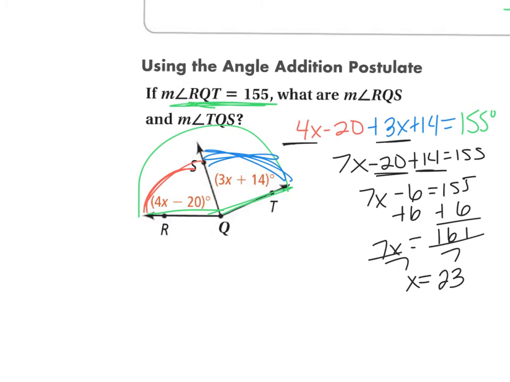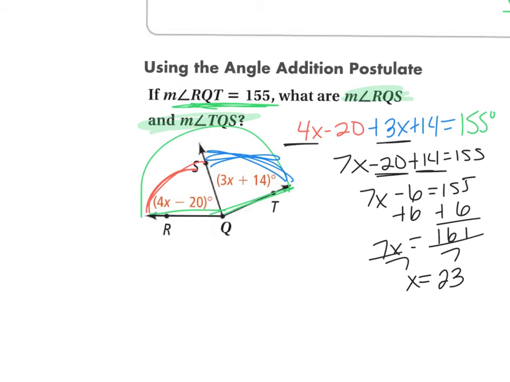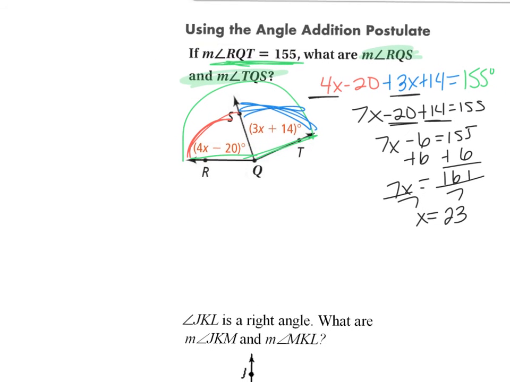But what is the question asking you? Well, it's asking you what's the measure of this and the measure of that. So we have to plug that x into the original equation. So let's find the measure of RQS. The measure of angle RQS is 4x minus 20.